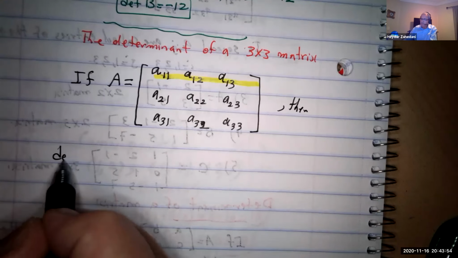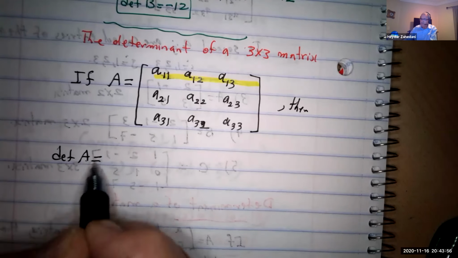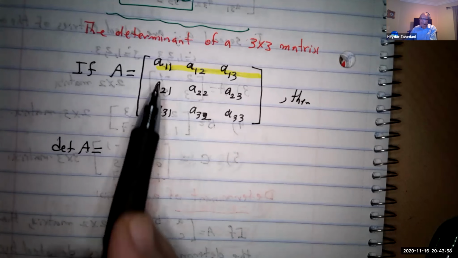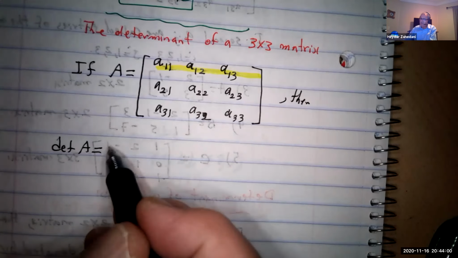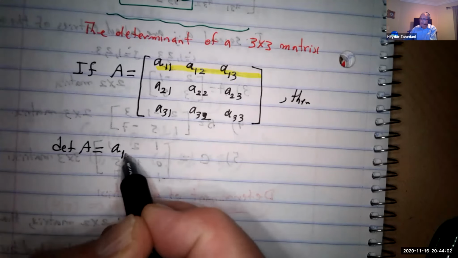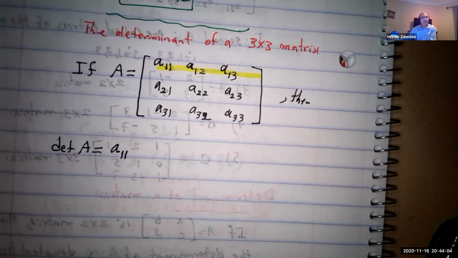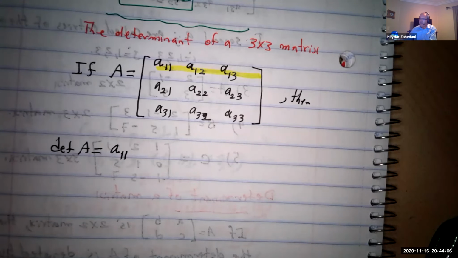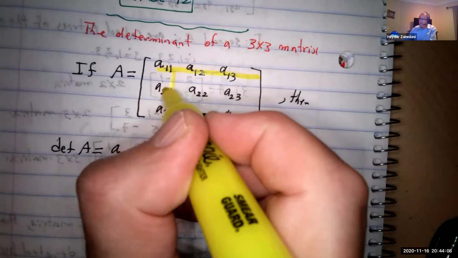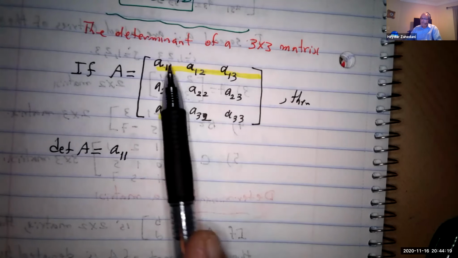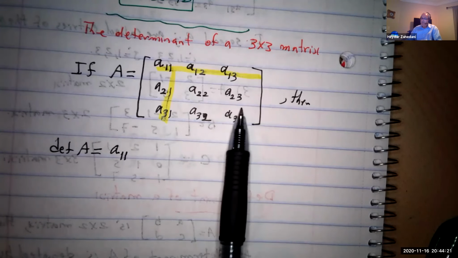If it's going to be the case, then the determinant of A is going to be equal to, we pick this number, A11. Then we are going to eliminate the row and the column that contains this number. You see, it's A11. We're going to delete the first row and the first column. The leftover is a 2 by 2 matrix.